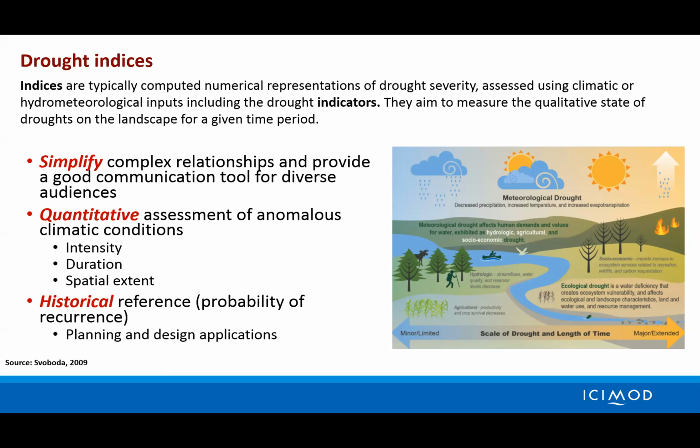Some of the attributes of indices are that they can communicate a complex situation in a simple manner. They are qualitative in nature, but they also give some sort of quantitative information. And they are mostly built on a historic reference. For example, if rice is cultivated in one farm and maize in another farm in the same season, the water requirement for both crops is different.